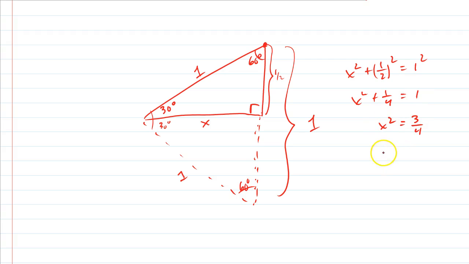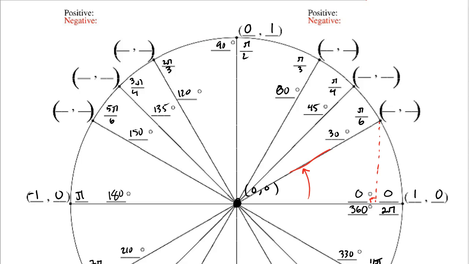And if I square root, I get x equal square root of 3/4. Now, one thing you can do with square roots, you can square root the top and bottom separately, so this is square root of 3 all over the square root of 4, which is 2. So the x value is square root of 3 over 2. Okay. So square root of 3 over 2 goes here.